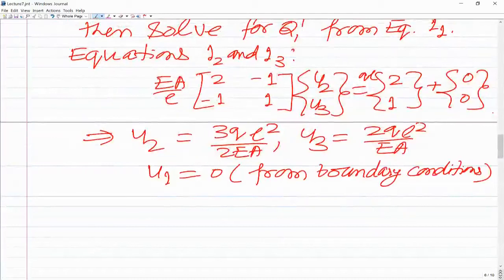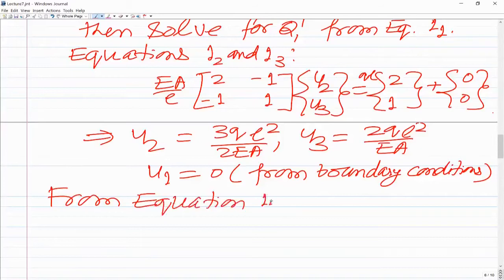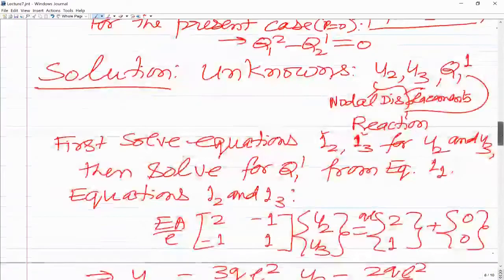Then from equation 1 we solve for q11. We have u1 equal to 0, and we have u2 and u3, so we take the first equation. In equation 1, EA by L is common.